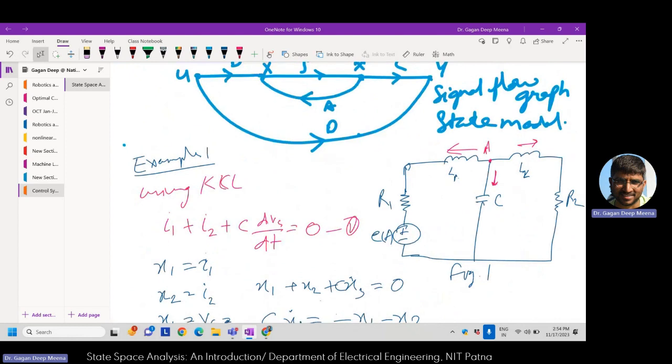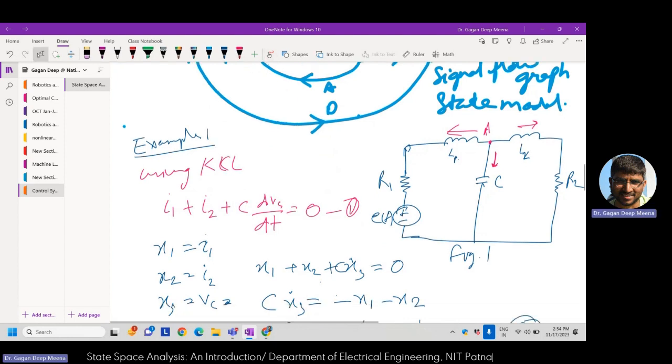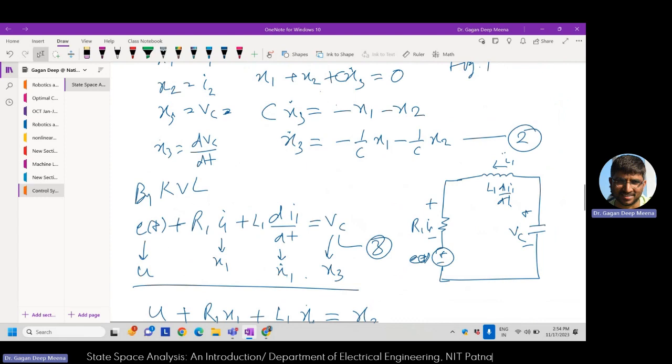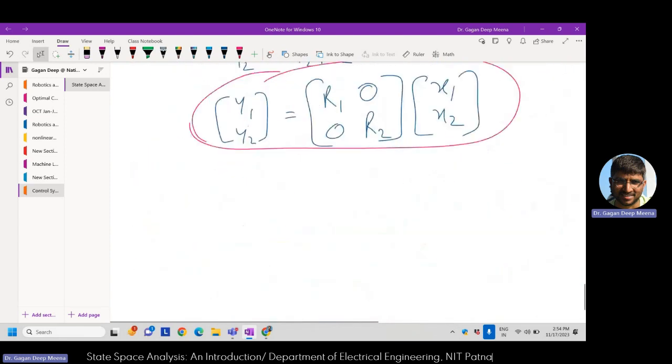In such a way we can represent an electrical network in the form of state variables. We can also take one more example where we can see a mechanical system.